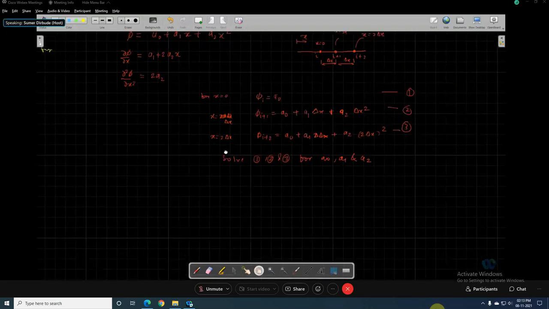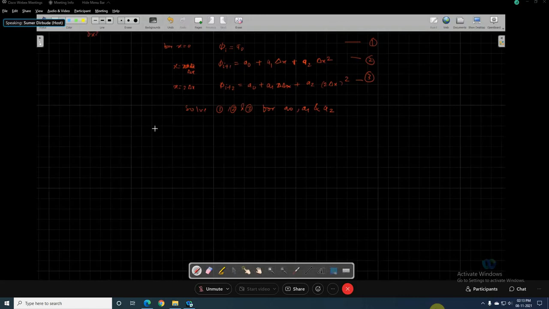So from equation 1, we get A0 is equal to phi I, and you do this procedure and you have to do some manipulation here.